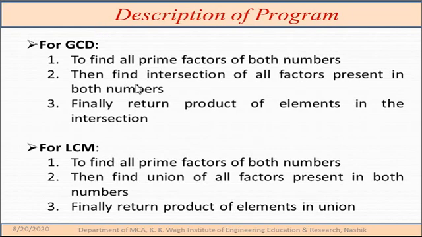First is to find all the prime factors for both numbers, then find the intersection of all the factors present in both numbers, and finally return the product of the elements in the intersection for GCD. Whereas for the LCM we have to find the prime factors for both numbers, then apply the union for all factors present in both numbers, and finally return the product of the numbers in the union.